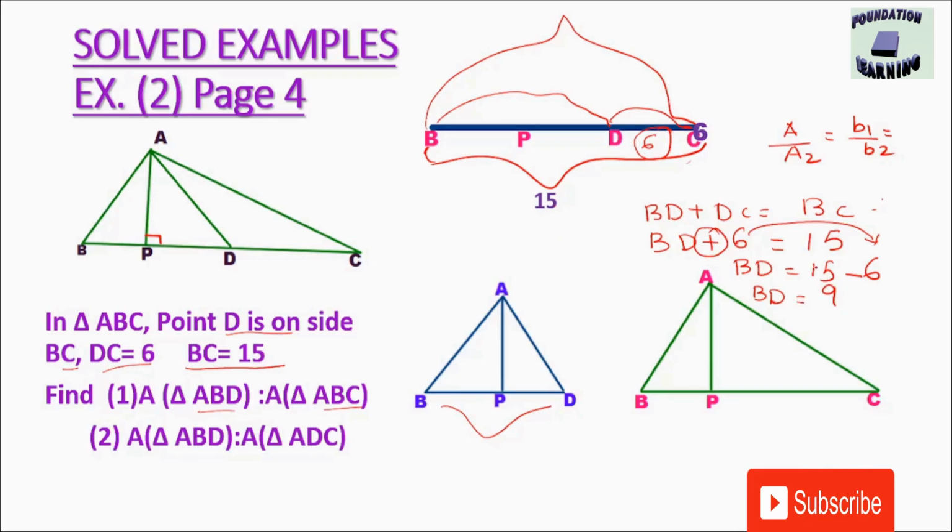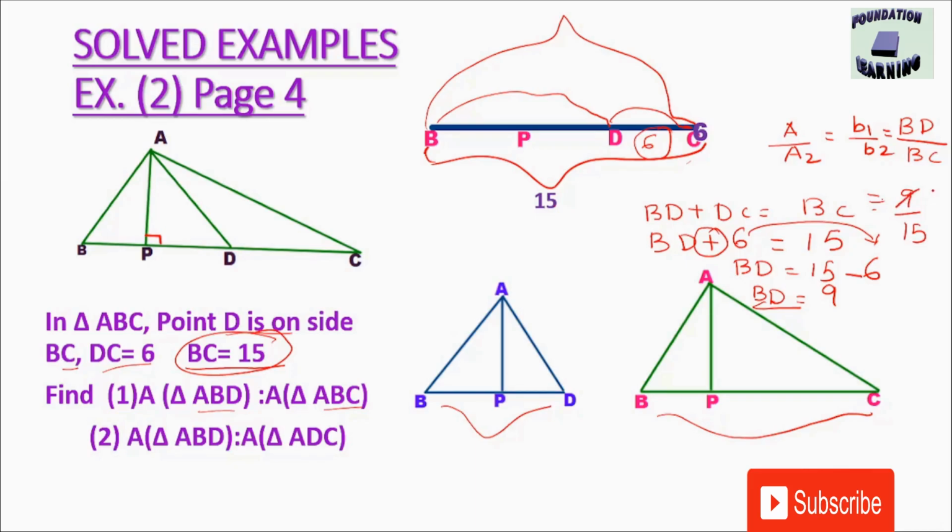Now we have to find B1 upon B2. What is B1 in ABD? B1 is BD. And what is B2 in ABC? It is BC. How much is BD? BD we have got 9. How much is BC? BC is given here, it is 15.